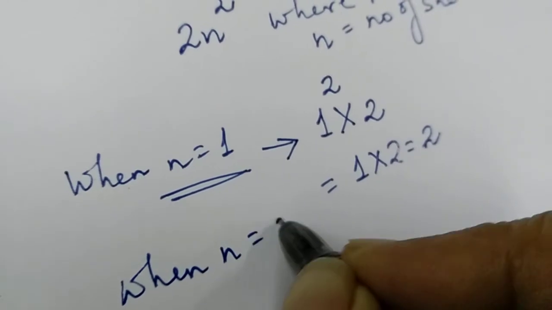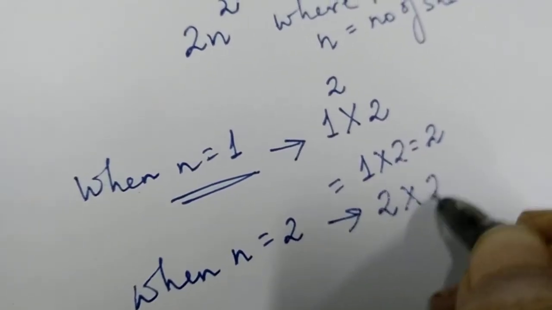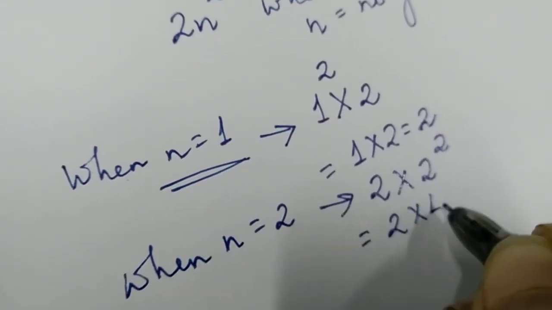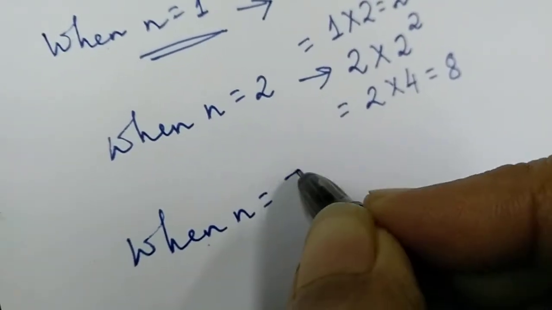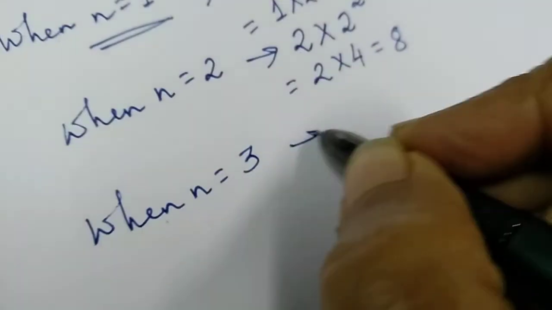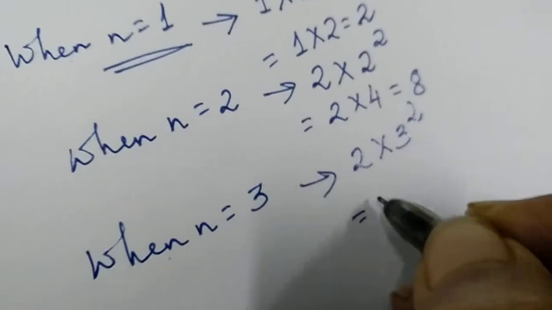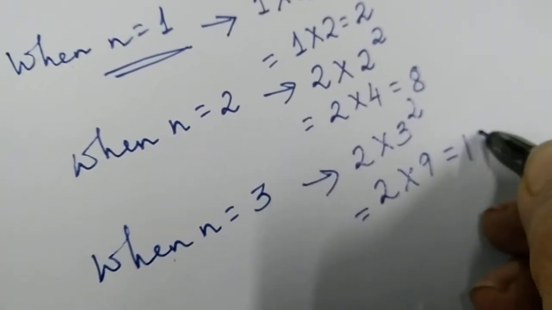When n is equal to 2, it is 2 into 2 square, that is 2 into 4, that is 8. When n is equal to 3, it is 2 into 3 square, that is 2 into 9, that is 18.